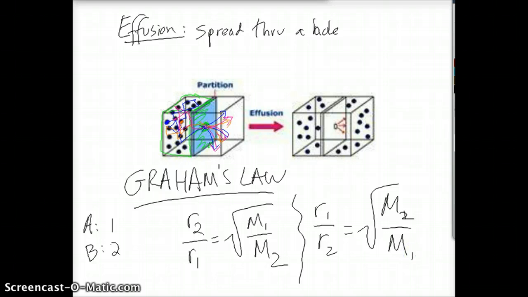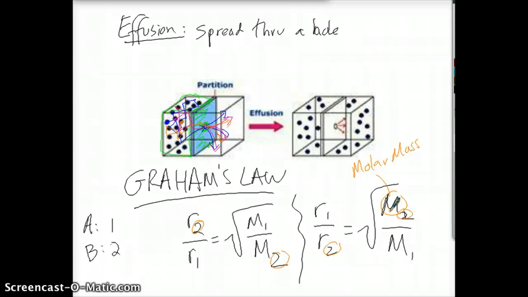Reminder, as I said before, capital M means the molar mass, which has units of grams per mole. But what you can see in either case is the numbers are on opposite sides, either in the numerator on one side of the equation and the denominator on the other side.